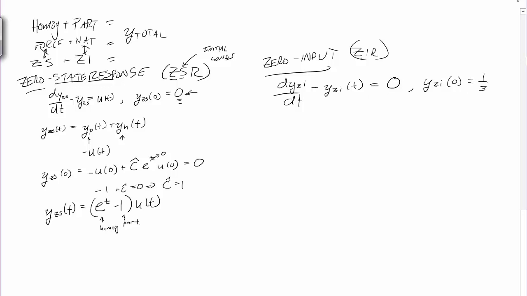Okay, so this is what we mean by zero input. You set the input or the forcing function to 0 and only observe the effect of having a non-zero initial condition. So it won't surprise you that if you have 0 forcing function, your particular, y particular in this case, will be 0. So then the zero input response can only have a homogeneous part.